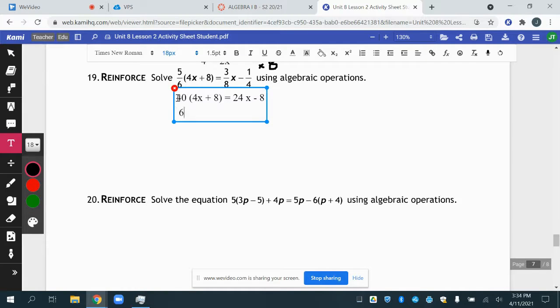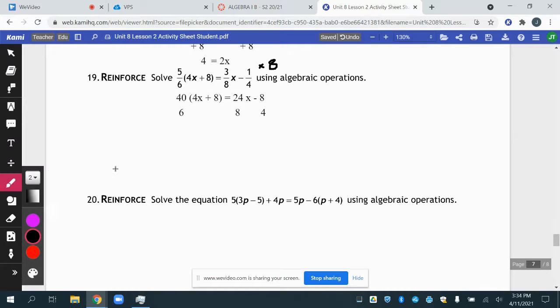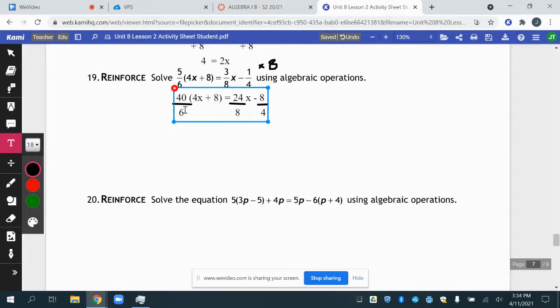I gotta put in the 6 here, the 8 here, and the 4 here. Got rid of a lot of things that way, so we'll see what that looks like. Now notice 40 and 6, they're both even, so that's going to get smaller. But the good news is the 2 ones on the right, they are completely done. Okay, so now I have 40 over 6. Let's see, that is 20 over 3, right?